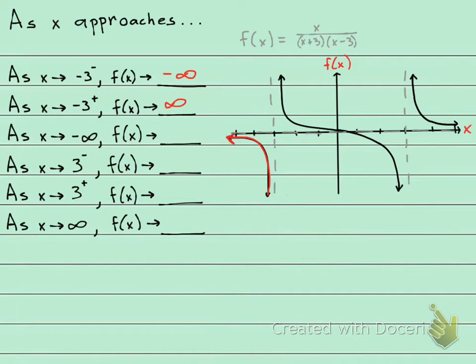Well, it's going to get closer and closer and closer to 0, but never actually touch. Okay, so the f of x is approaching 0, right? Remember, your y equals 0 is right there. Okay, that's y equals infinity up there, and that's y equals negative infinity.